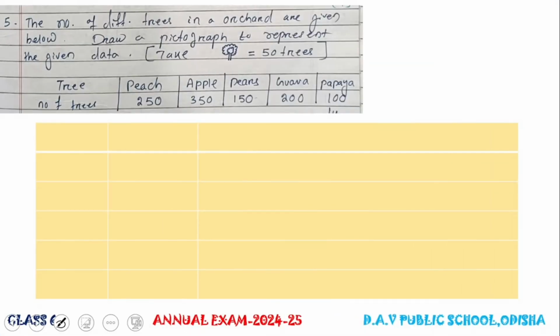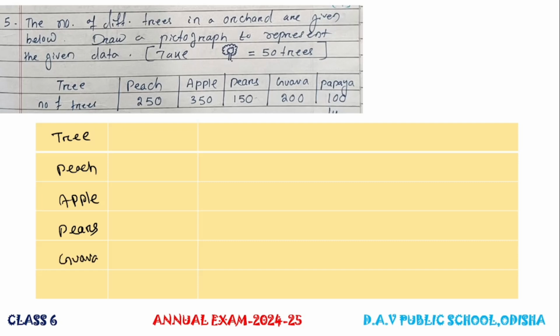Next, question number 5. The number of different trees in the orchard are given below. Draw a pictograph to represent the given data. 1 tree equals 50 trees. So here we write down tree. First is peach, apple, pear, guava, papaya.